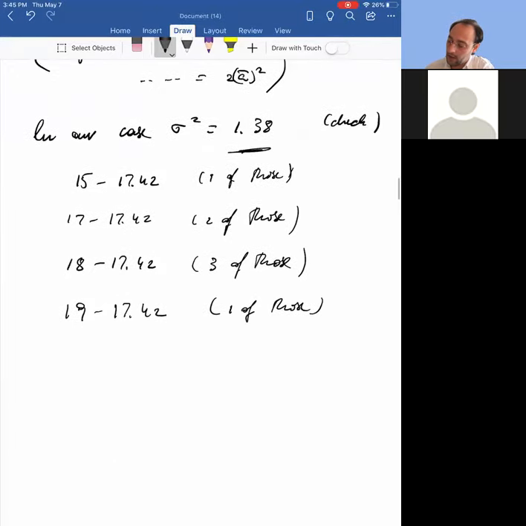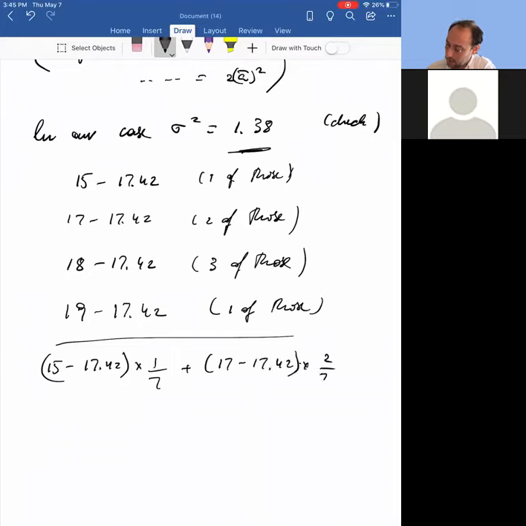And so what you would do is you would say 15 minus 17.42 times I guess 1/7 plus 17 minus 17.42 times 2/7 plus and so on. Actually, I'm asking you to compute the squares of these, right?